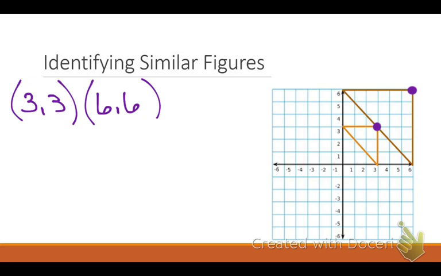And we are not adding and subtracting. So yesterday I struggled a little bit with that with some students. We're not adding and subtracting. We are multiplying or dividing, all right? So how would I get from a 3 to a 6? Multiply by 2. So I would say that a dilation is occurring here with a scale factor of 2.